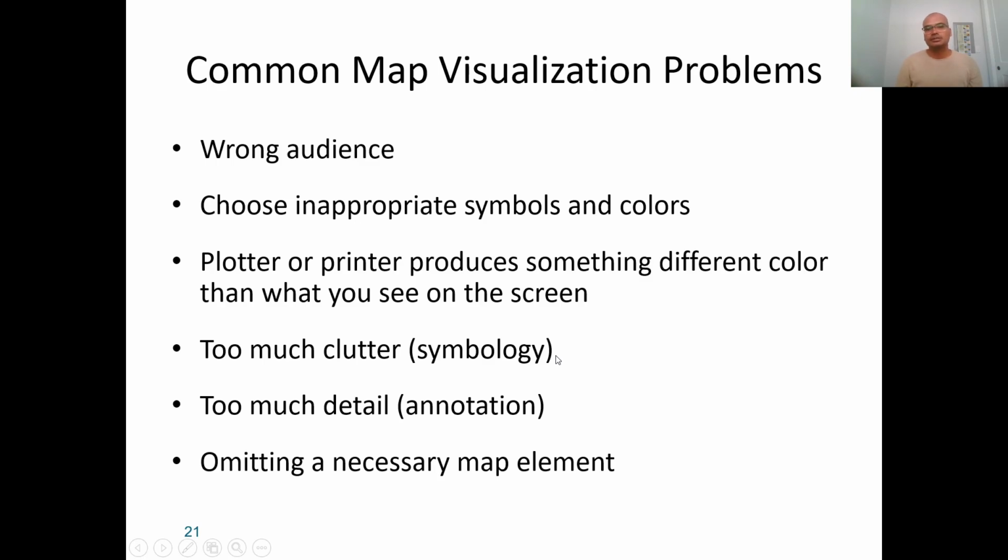Although many people nowadays are using GIS to prepare various maps, they encounter many common visualization problems. All those problems are listed here. The most important limitation of the majority of maps is identifying the wrong audience or underestimating the audience. Sometimes you are preparing a map for the general public, but the map may be too technical.